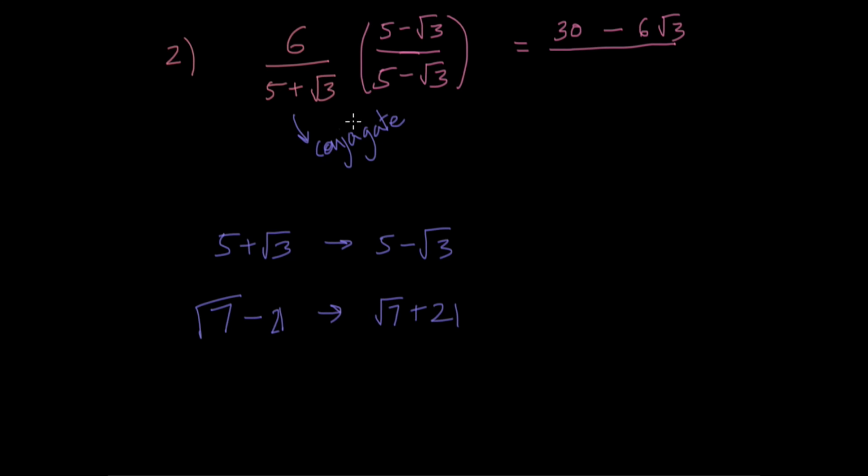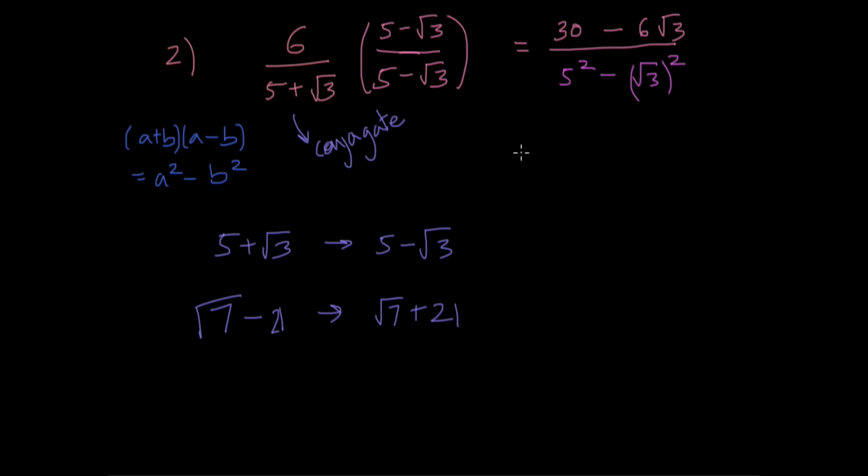In the denominator, if you notice, we have 5 plus root 3 times 5 minus root 3. This is an algebraic identity where if you have a plus b times a minus b, you get a squared minus b squared. So we're going to use this identity in the denominator. This is going to give us 5 squared minus root 3 squared.